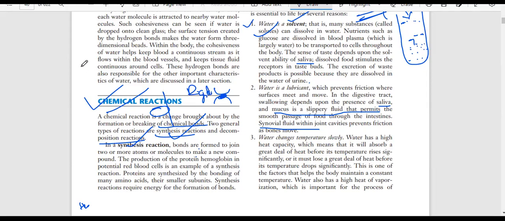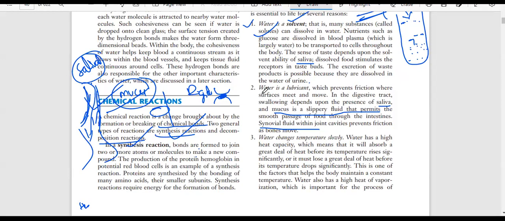Like in our mouth we have saliva, so we can easily chew the food, and we easily swallow the food with the help of mucus present in the food pipe, in the esophagus.